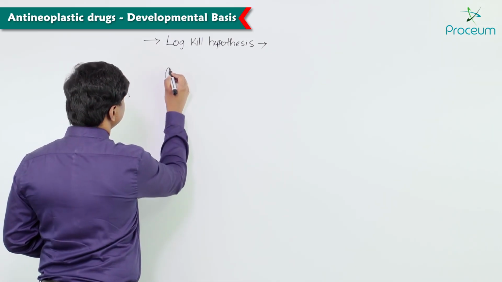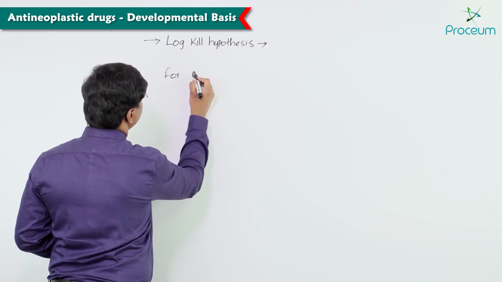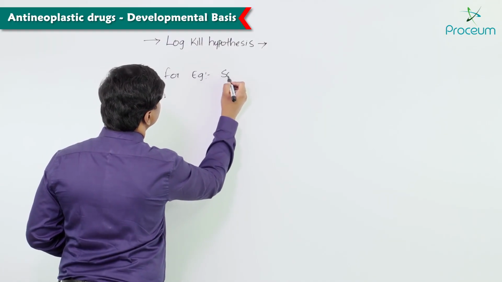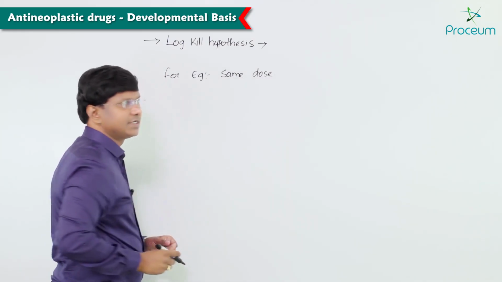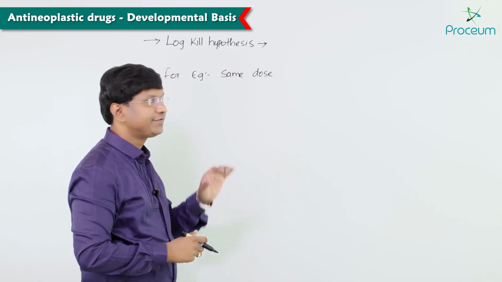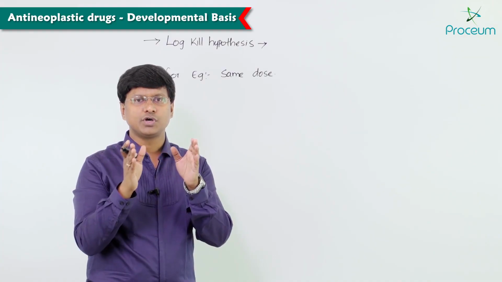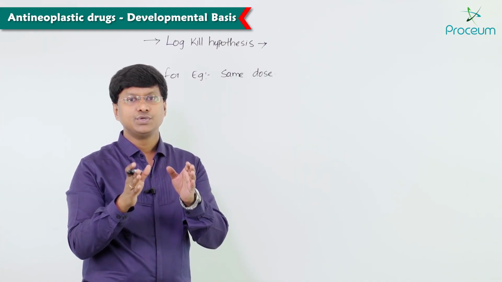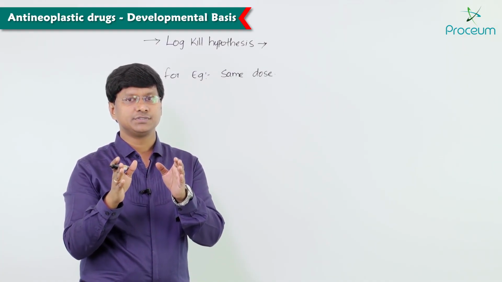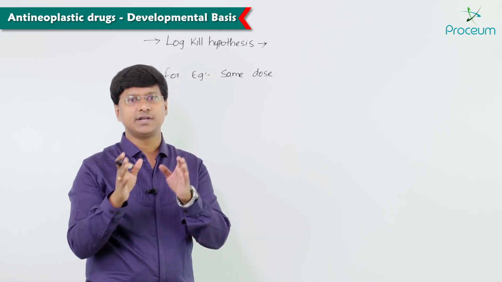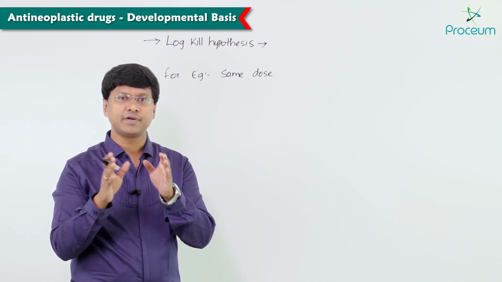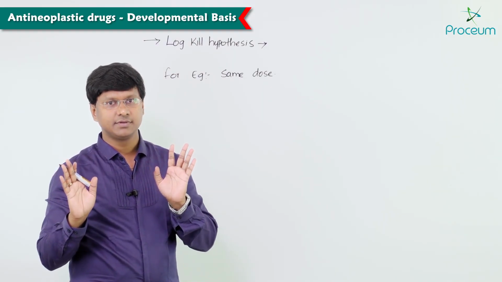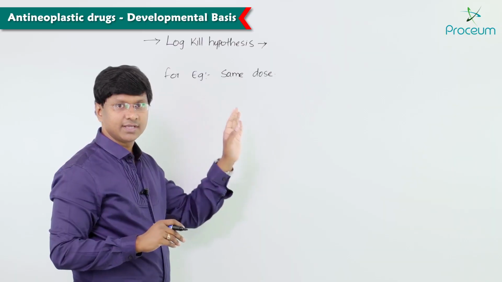For example, the same dose of a drug will be required to reduce the tumor population from 1000 to 100 as is needed to reduce it from 100 to 10.